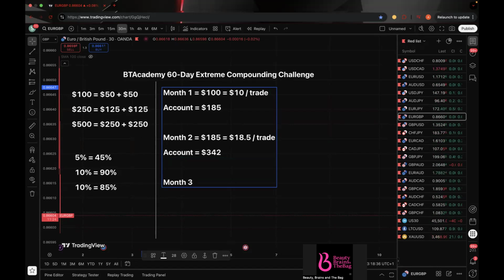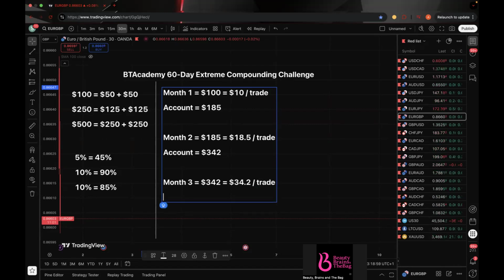Now month three, which is going to be the last month on the $100 account, $342 means you'll be risking $34.2 per trade.